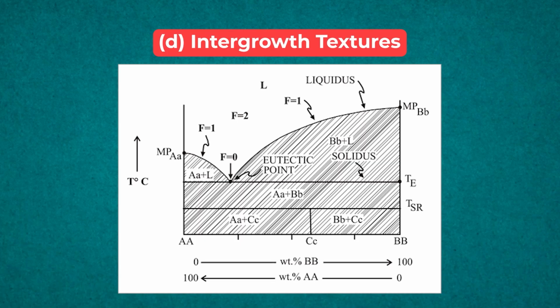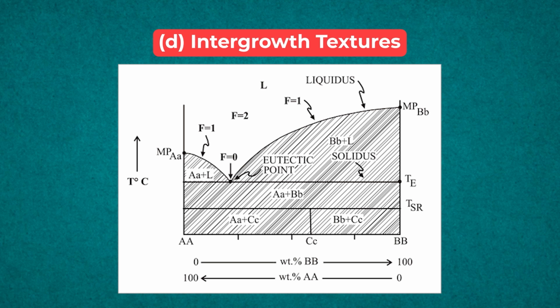The intergrown texture is very common and it has been formed by the process of eutectic crystallization. Let me discuss in detail the eutectic crystallization, where there are two components, AA component and BB component. AA component has a high melting point. It starts cooling from BB point and it follows a liquidus curve.